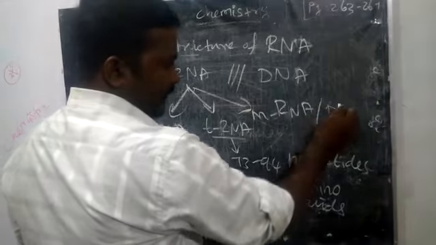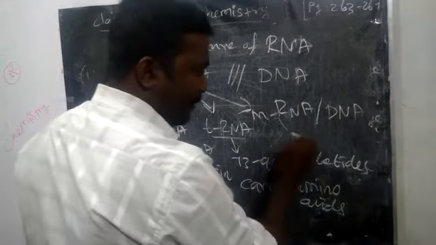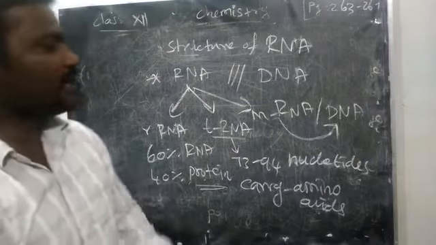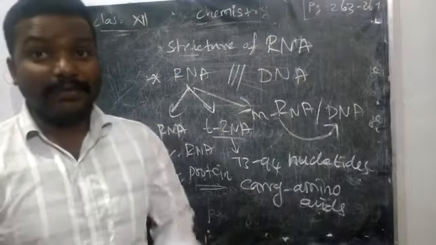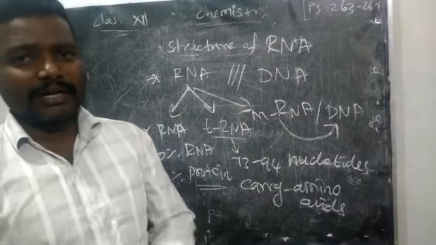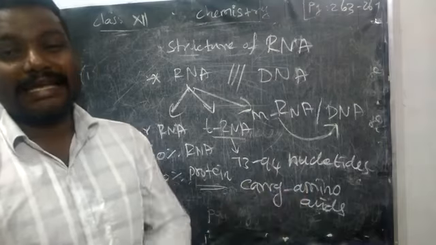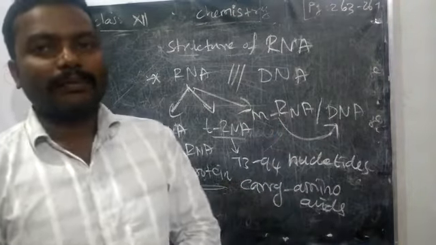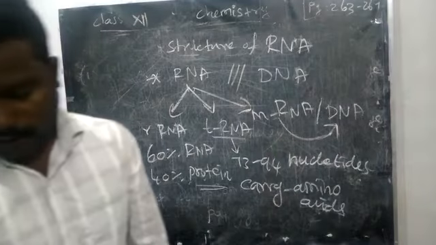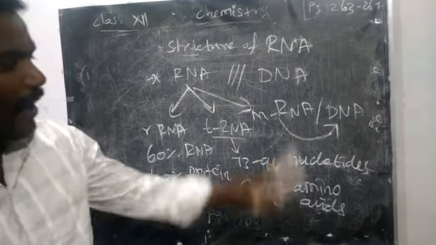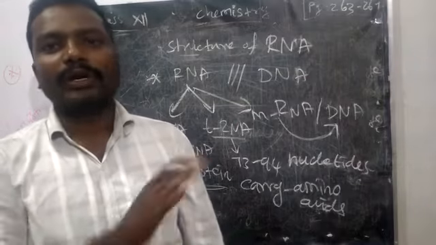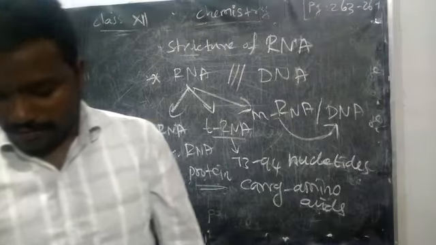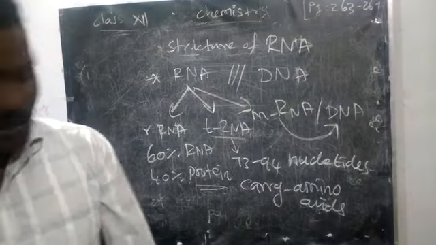Along with that, DNA is also used. Actually, this mRNA is found in DNA. Only the DNA produces this mRNA, right? Because DNA only transfers our genetic character. Okay, the DNA produces some RNA, that is nothing but messenger RNA, mRNA, right? So mRNA is used to carry the genetic character from one generation to another generation.